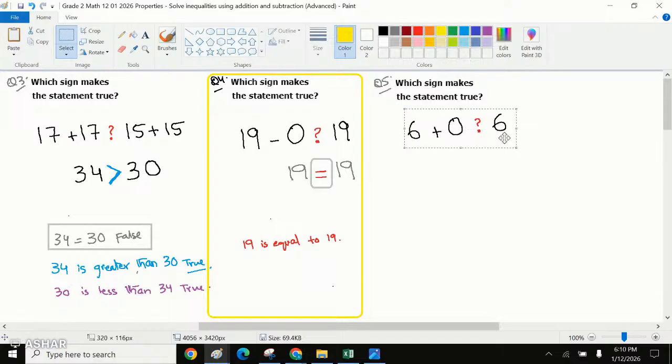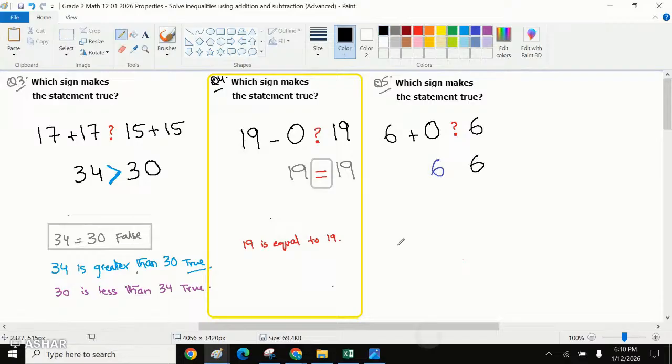When 0 is added to any number, 0 does not make a difference. That means 6 plus 0 will stay as 6. We had a missing sign in the middle, and this was 6. And we know that 6 is equal to 6, right? So we can simply put an equal sign. So the sign that we were missing was an equal sign.